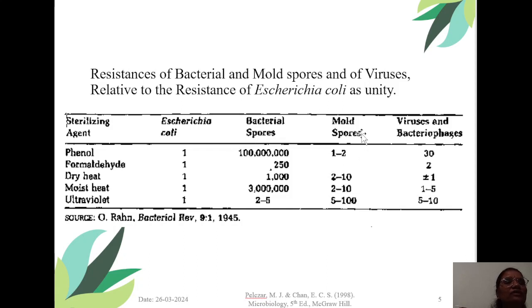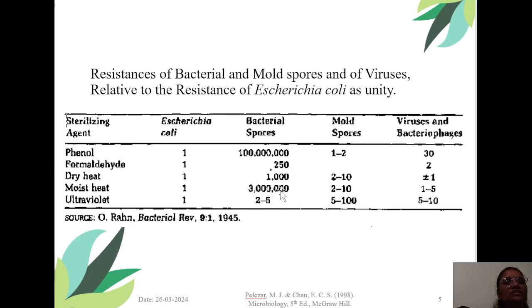Compared to that, very little resistance is expressed by the mold spores in comparison to bacterial spores, and viruses as well as bacteriophage are also able to show some good resistance, even in comparison to the mold spores, but the bacterial spores show very high resistance against the phenol, right.